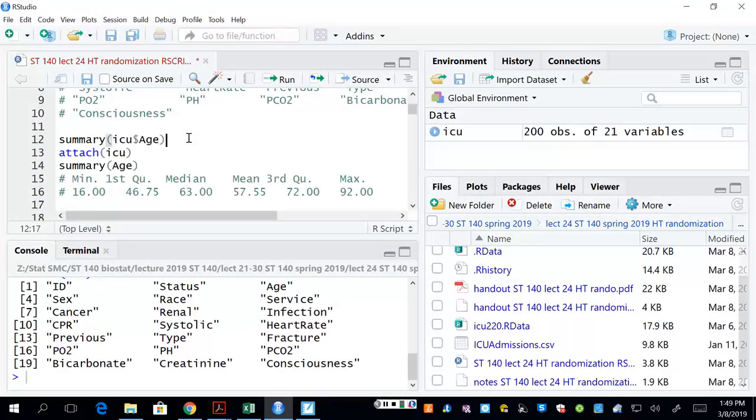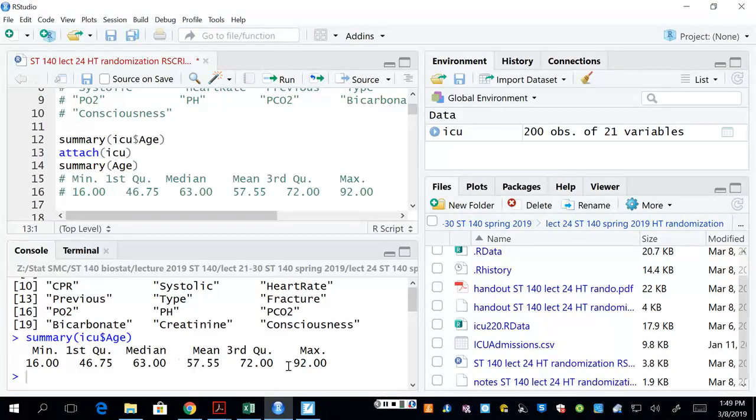I'm going to focus on age right now. So this is the distribution of the age. But I'm going to imagine that somebody has said that the average age of people coming into ICU is 50.